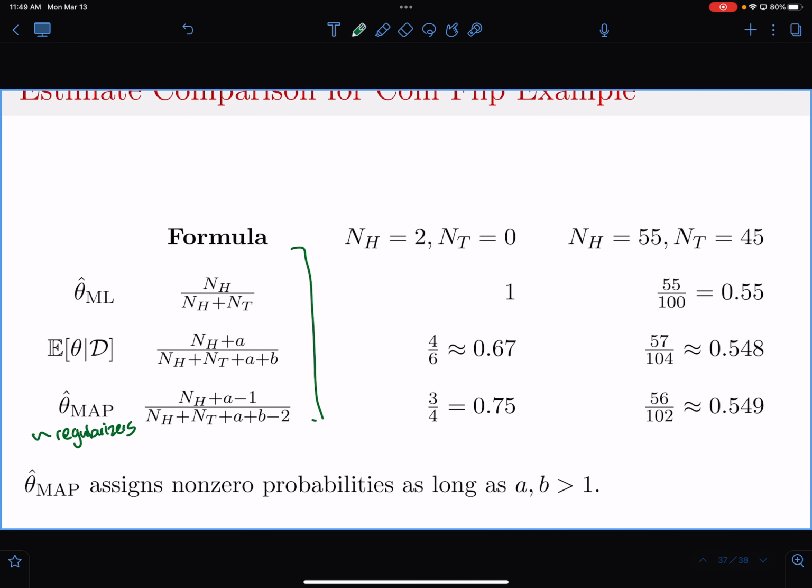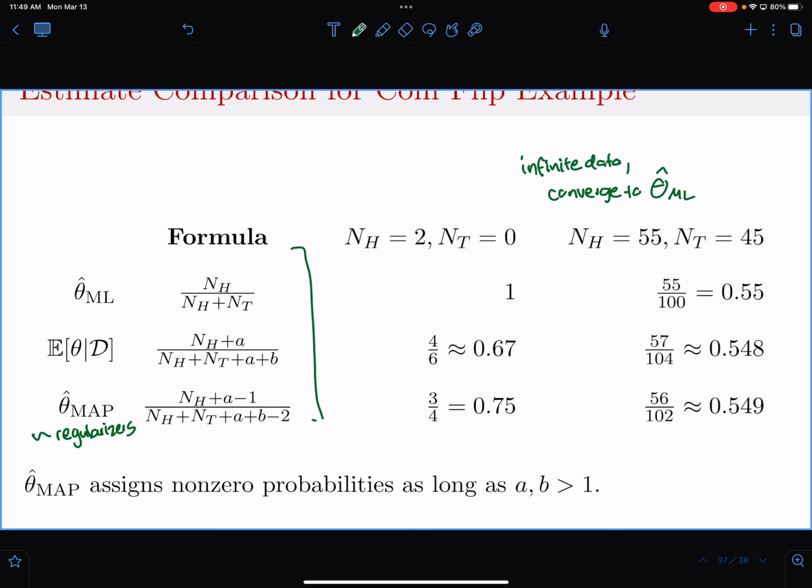Eventually, as you get more and more data, so if you have infinite data, we converge to theta maximum likelihood. Because as I described before, the data overwhelms the prior.